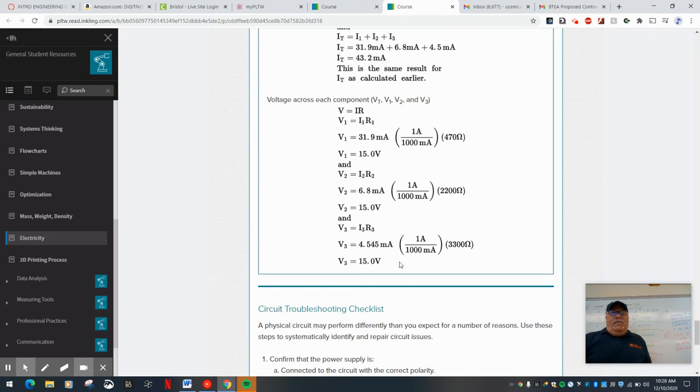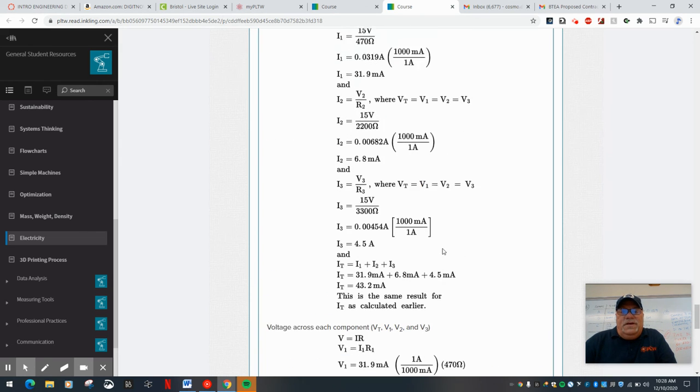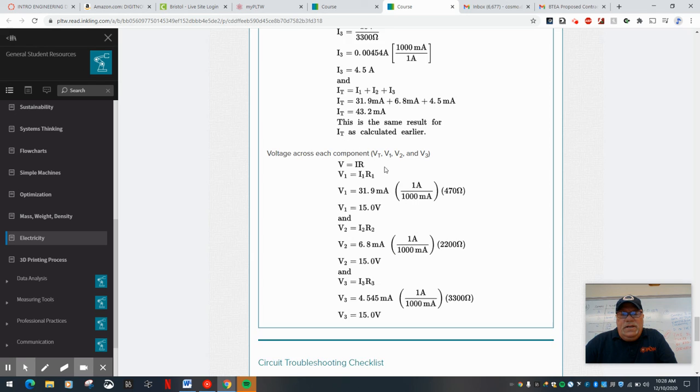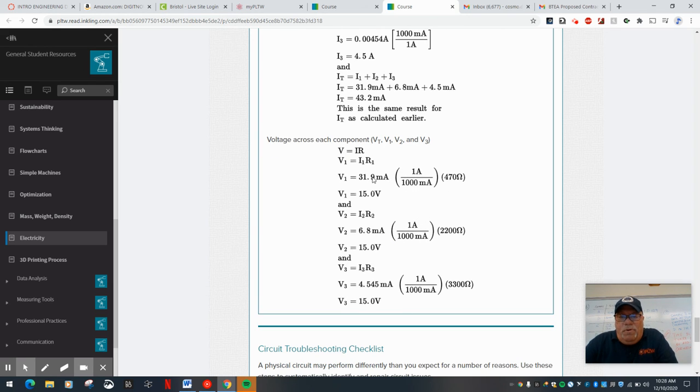Now, there's a voltage across each component. So we have our voltage drops across each component, where V equals I times R. So for component 1, the current is 31.9 milliamps that we found up here, times 470 ohms.